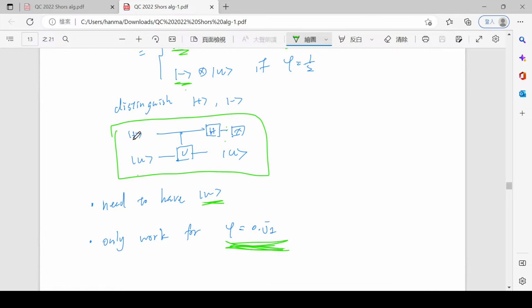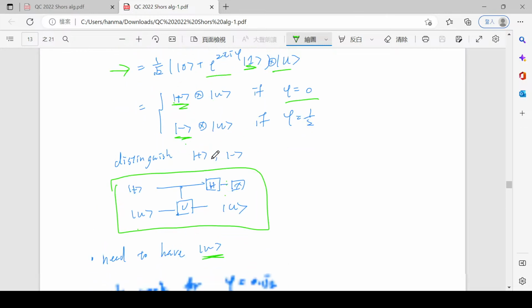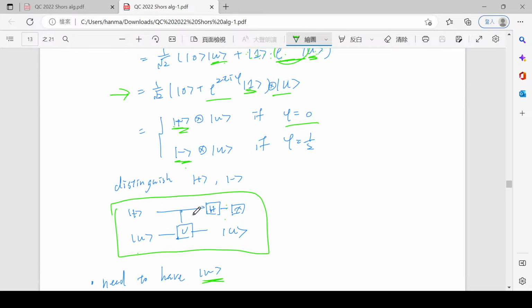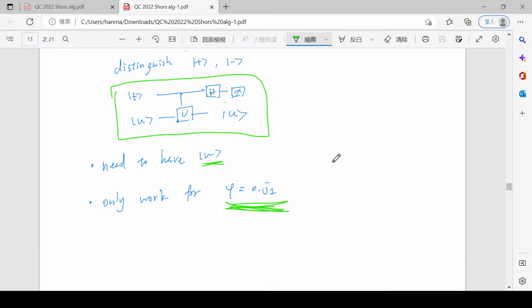So you have a plus state on the control qubit, then you apply this controlled U on your eigenvector u, then you will kick back a phase which is either 1 or minus 1, and that will turn your plus state into a plus state or minus state. And then you do a Hadamard, and then you do a measurement, and you can learn whether this phase is 0 or 1 over 2 in decimal.